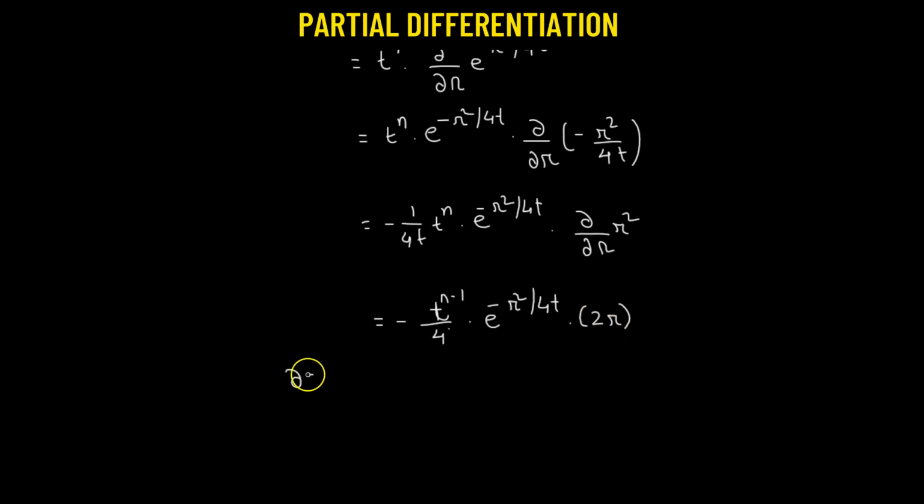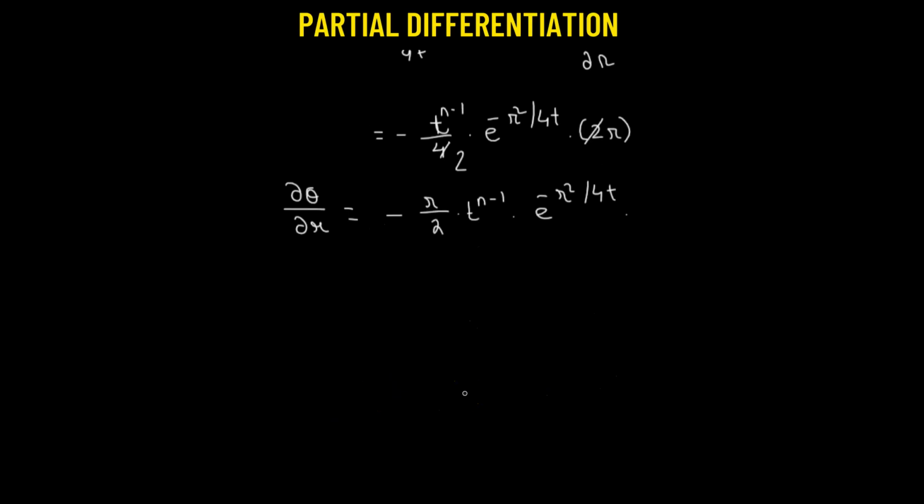So the partial derivative of theta with respect to r equals negative, since 2 times 2 is 4, r divided by 2 multiplied by t raised to the power of n minus 1 times e raised to the power of negative r squared over 4t. This is the expression for the partial of theta with respect to r.